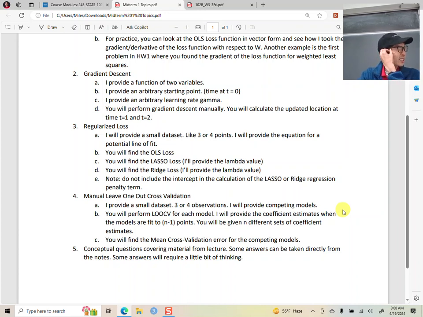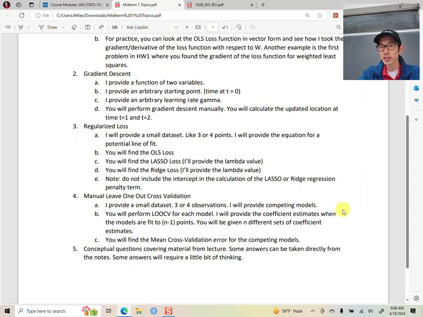Okay, and then lastly, I will have you do some leave one out cross-validation. In the lecture notes, I had this example where we had 4 data points, and we removed one and fit the model to the remaining 3 data points, and then using that we calculated the cross-validation error.